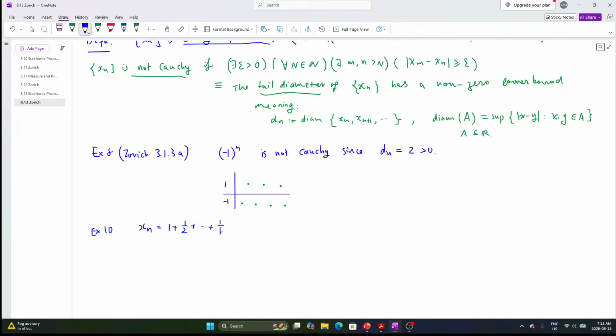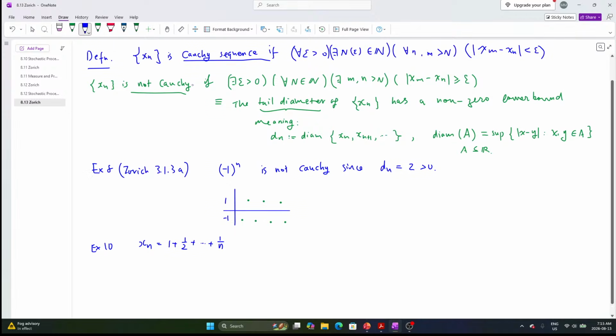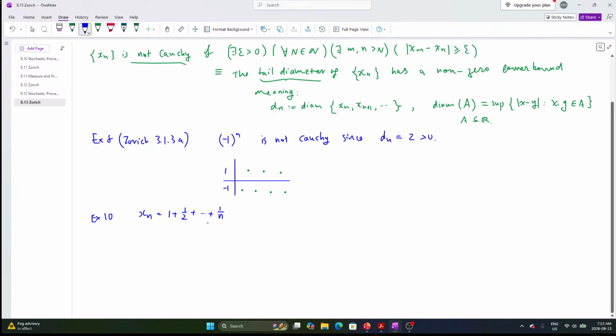This sequence famously diverges, even though intuition tells us it should converge. But intuition is wrong because it grows so slowly. There are many different ways to prove this is not convergent, but here we're just going to use the definition of a non-Cauchy sequence to prove this is non-Cauchy and hence not convergent.